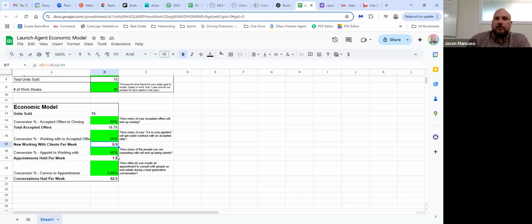So if that conversion ratio is 50%, you need to go on about 2 appointments per week in order to pick up one new one that you're going to be working with formally from there. I want to bring emphasis to this jargon term of appointment, okay?